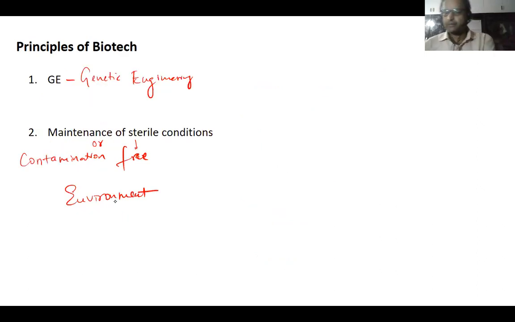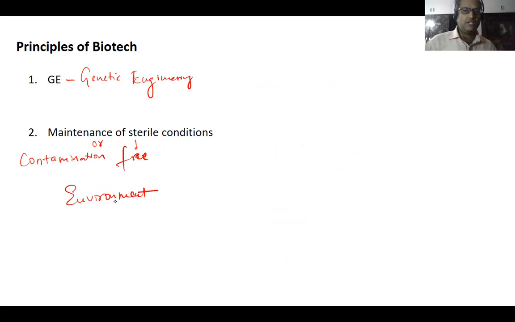Now the next part we have to understand is the principles of biotechnology. There are two principles in biotechnology. Number one is genetic engineering. Number two is maintenance of sterile conditions.